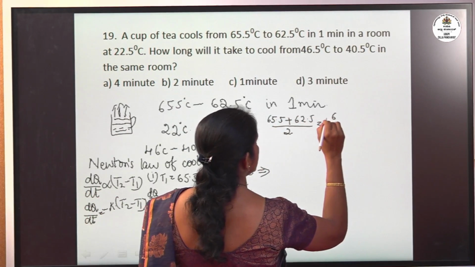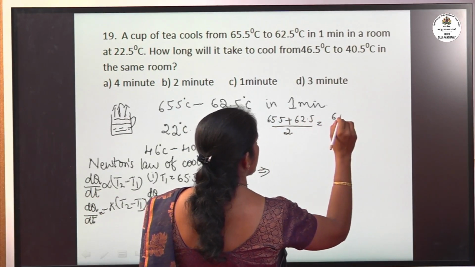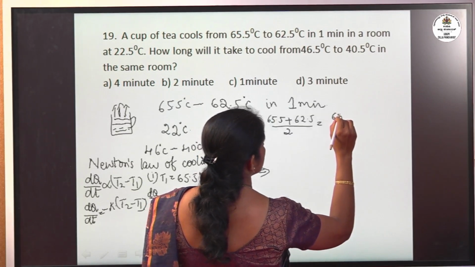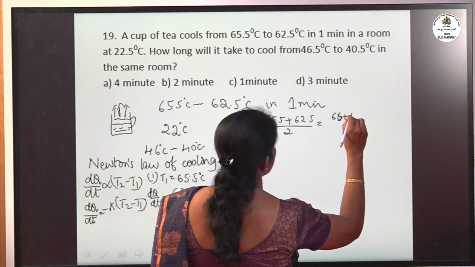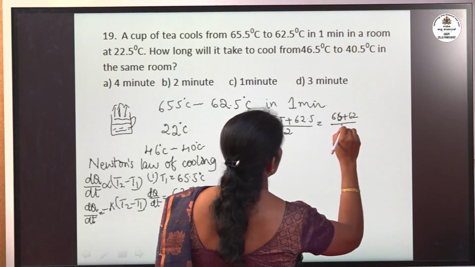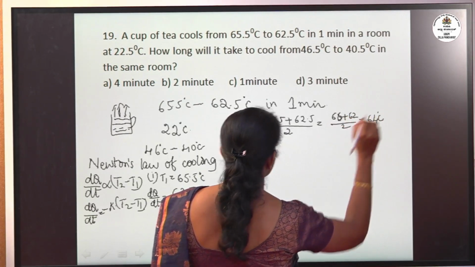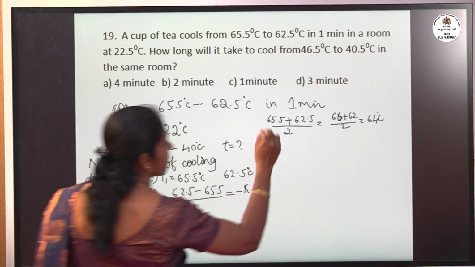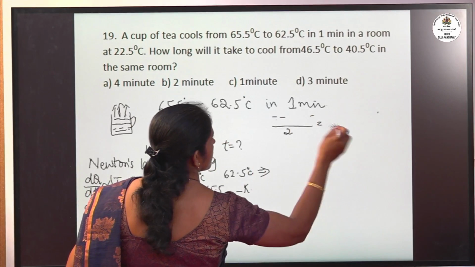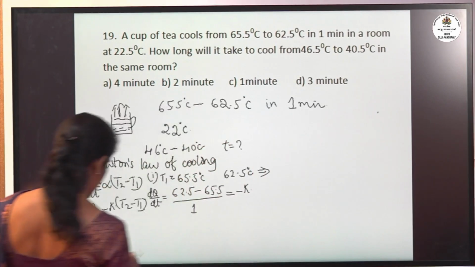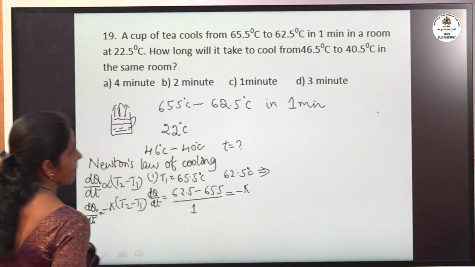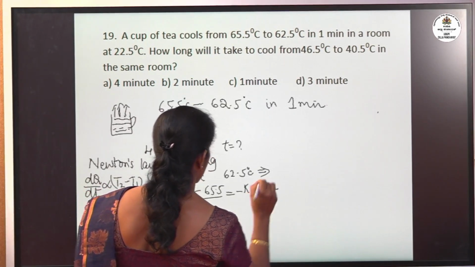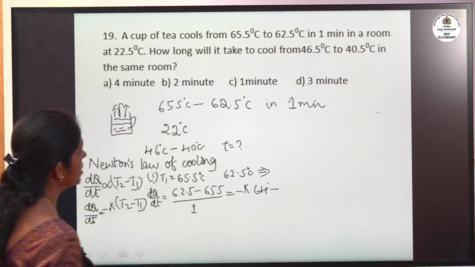That is (66 plus 62) by 2, or 64 degrees Celsius, is the average temperature, minus the temperature of the surrounding.